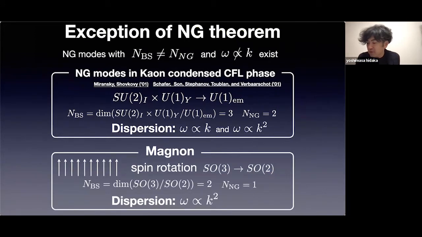SO(3) has 3 generators and SO(2) has only 1 generator, so the number of broken symmetries is 2. But in the magnon, it is known that only one energy mode appears, whose dispersion is quadratic. So we want to understand this situation, and construct a Nambu-Goldstone theorem that covers these situations.